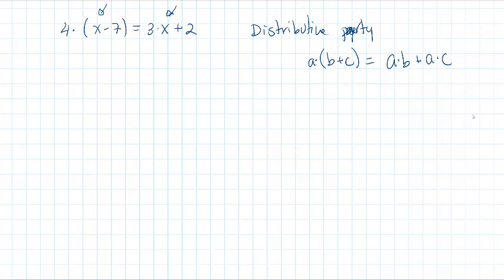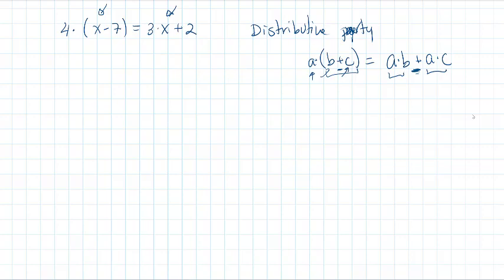So we can open the parentheses, but we have to multiply each one of these elements by a, and we have to make sure that we include that plus sign here. And the same happens for a minus. So if we had a times b minus c, we would have the same thing, except we would have a times b minus a times c.